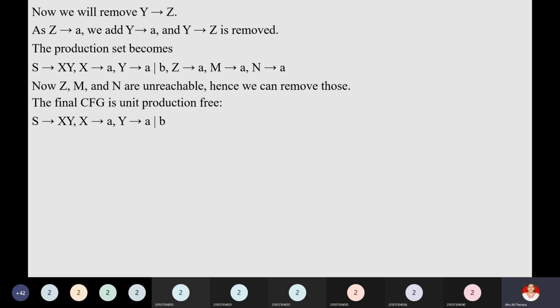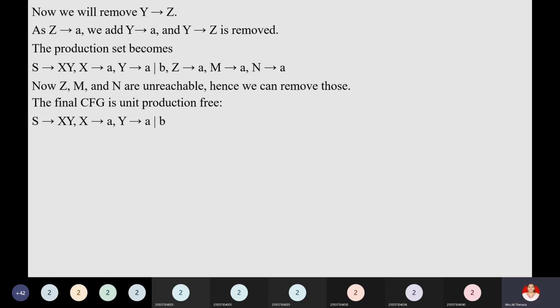tends to Z, so that the resultant production rules are S tends to XY, X tends to A, Y tends to A or B, Z tends to A, M tends to A, N tends to A. But here we can know that M, Z, N are not reachable.